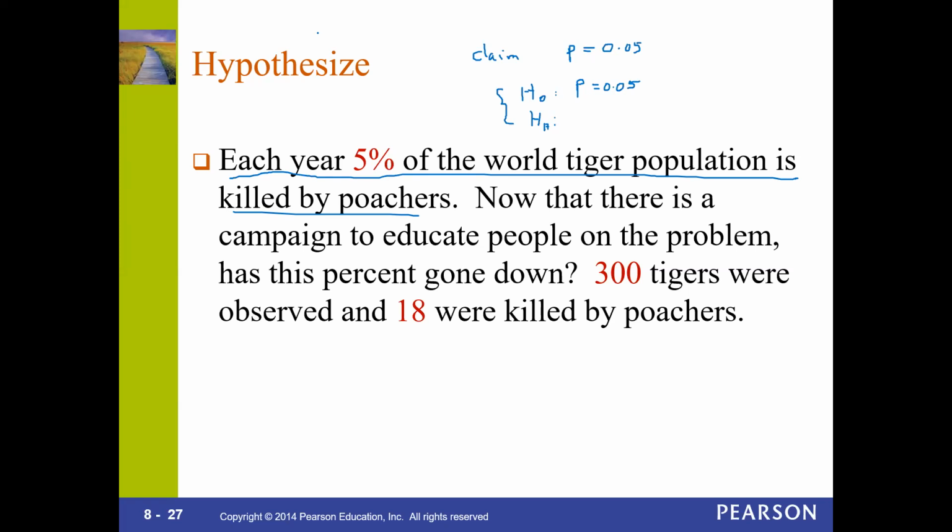The next one, because this one says you want to know whether it goes down. Go down means it has to be less than. So I'm gonna put P is less than 0.05. So I'm gonna do my study and figure out whether it goes down or not, something like that.